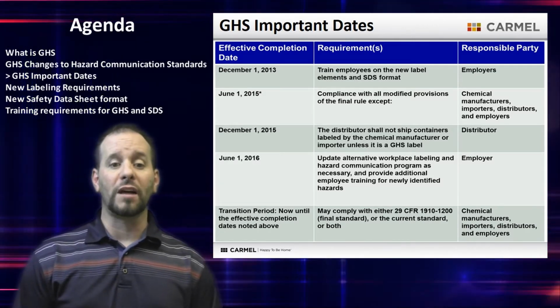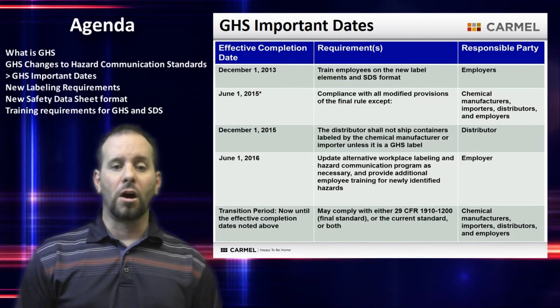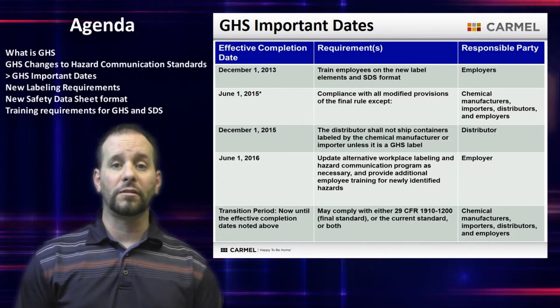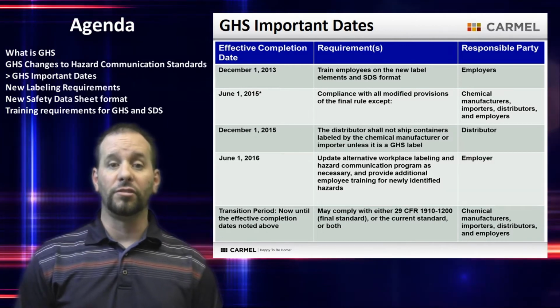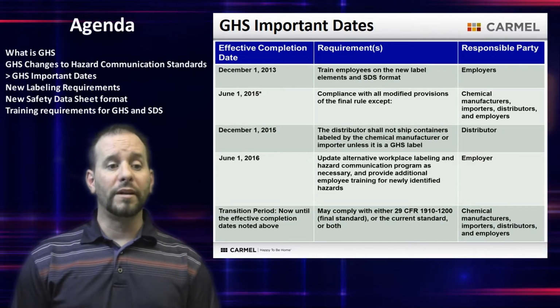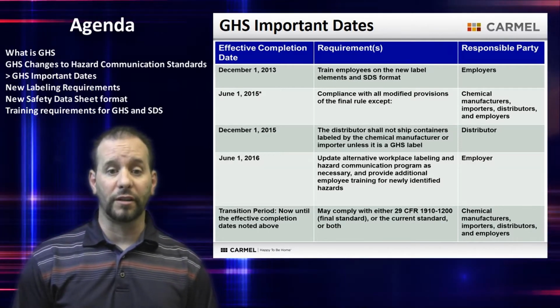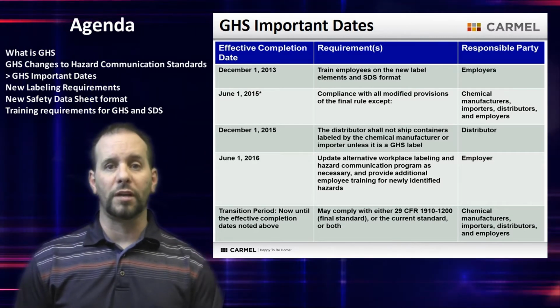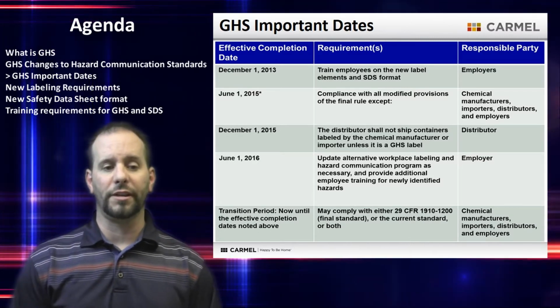By June 1st of 2015, all chemical manufacturers, importers, and distributors must adhere to and modify provisions to the final rule and start using the new labeling system. By December 15th of 2015, distributors are not allowed to distribute any chemical without the new labeling or safety data sheet program.